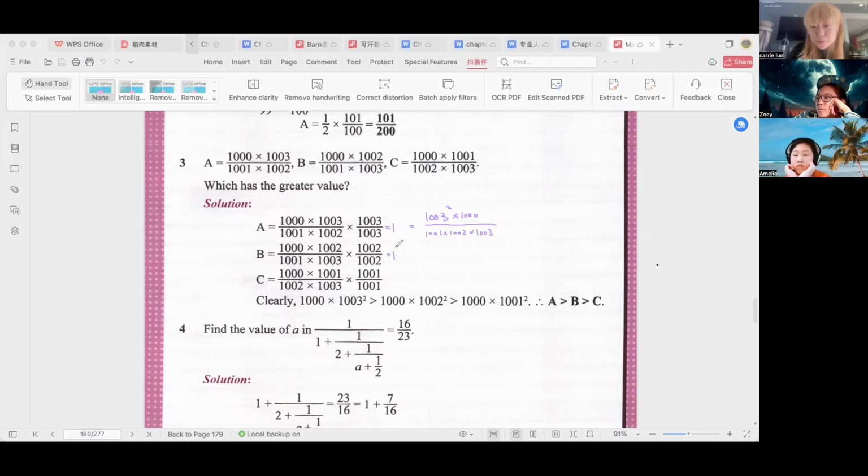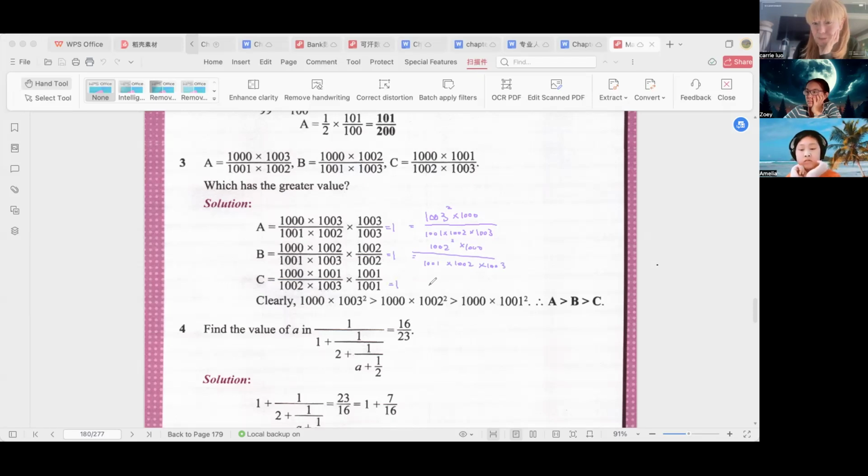Okay, so the next one, the same thing. 1 times 1,002 over 1,002, because for B, the denominator has 1,001 and 1,003, you're missing 1,002, right? So times 1,002 makes this number equal to 1,002 squared times 1,000 over 1,001 times 1,002 times 1,003. Correct?